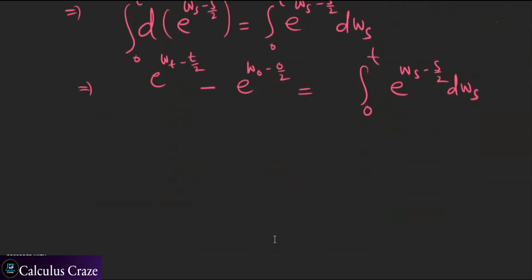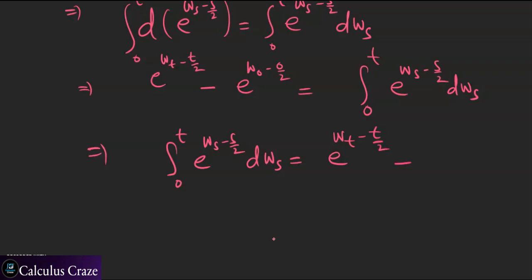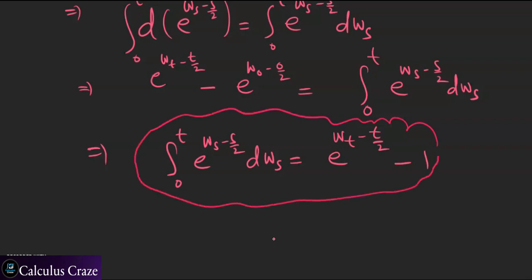Then e to the 0 is 1 because Brownian at 0 is also 0, and hence the integral from 0 to t of this exponential of Brownian minus s by 2 with respect to Brownian is equal to e to the w sub t minus t by 2 minus 1. So this is the answer to the stochastic integral that we were interested in.